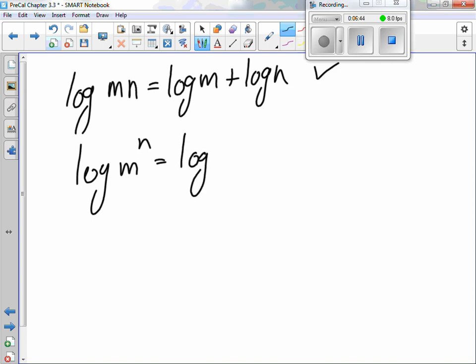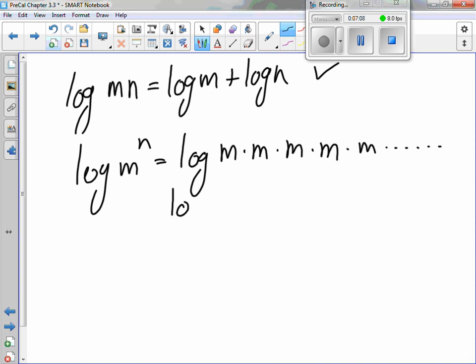Well, this is the same as log of m times m times m going on out, yes? Because a power is just saying it's that number times itself so many times, n times, yes? So we have m multiplied by itself over and over and over again, yes?